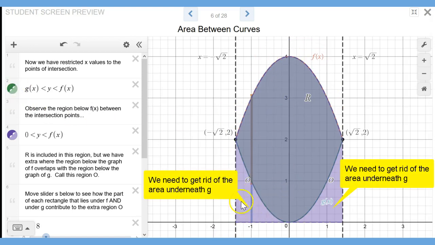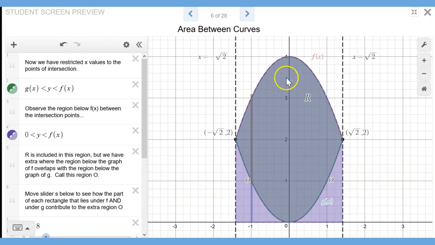But it also has this overlap, this purple area that's below g, that we don't want to include in our area for R.